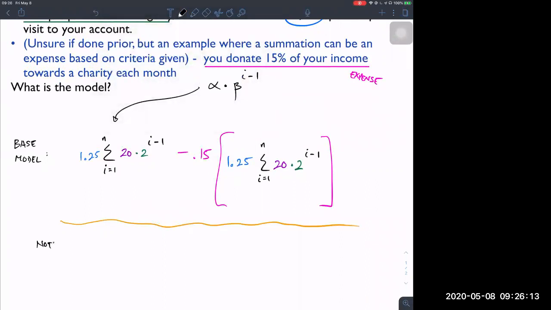Note, just as a reminder, once base model is attained, you are solving for nothing.